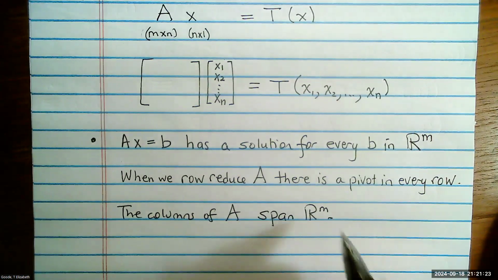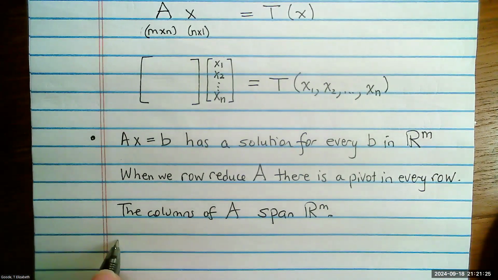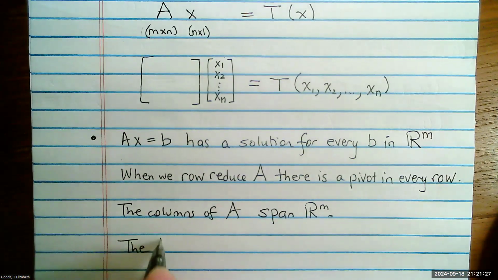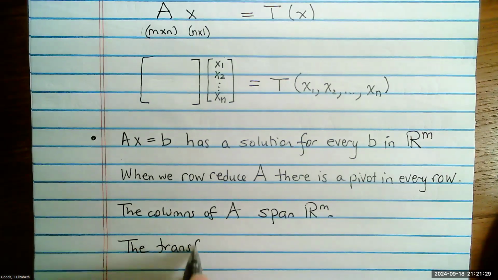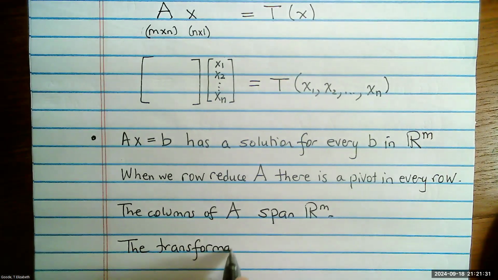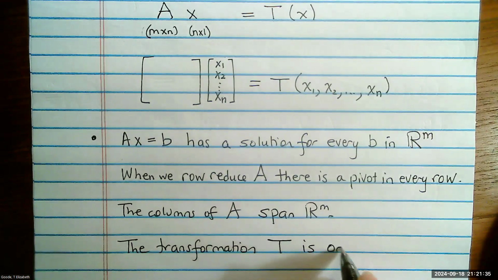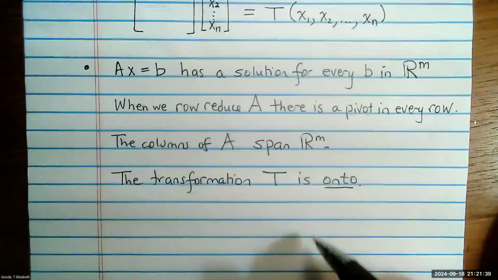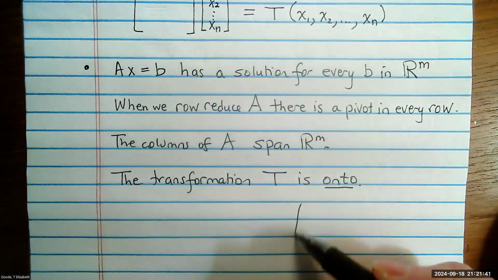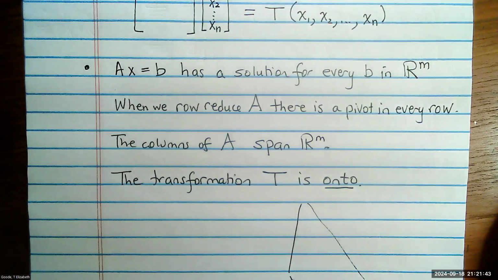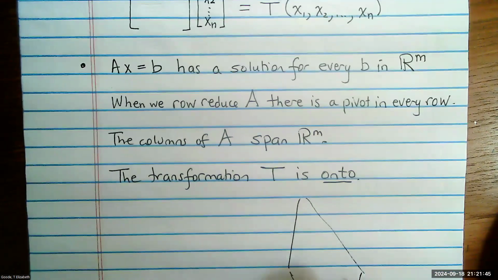Here's another way to say it: the transformation T is onto. That's our new language. It means that over here, here's B, some vector B living in Rm.